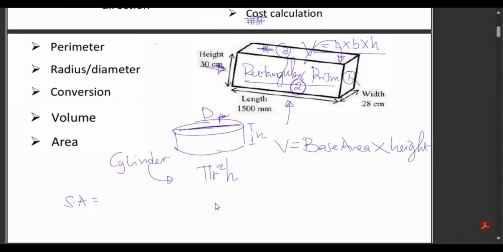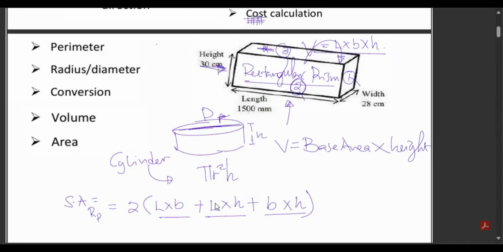That's why, when we say surface area of the rectangular prism, we say 2 outside, L times B plus L times H plus B times H. All the sides are done.